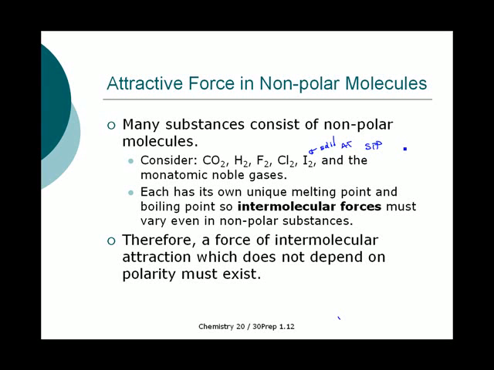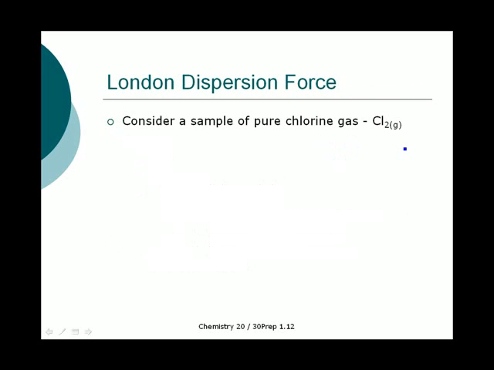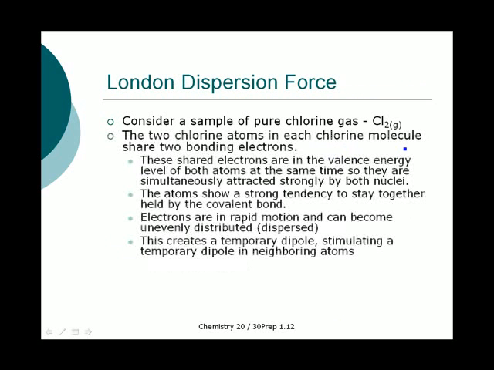So it's a force on which polarity doesn't apply, and it's called London dispersion force. If we take a sample of chlorine gas, each molecule is two chlorine atoms sharing two electrons.